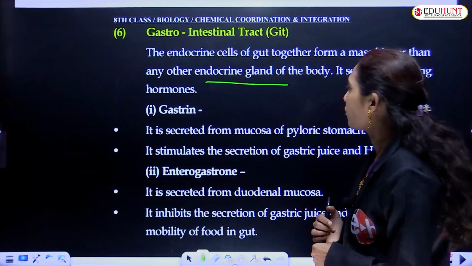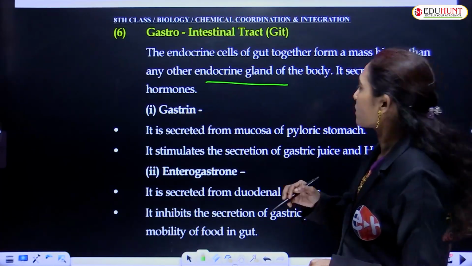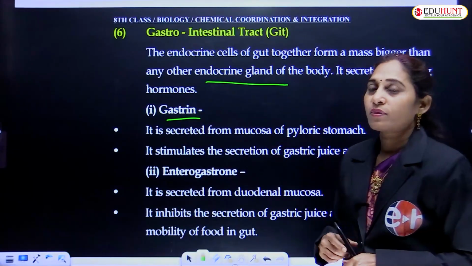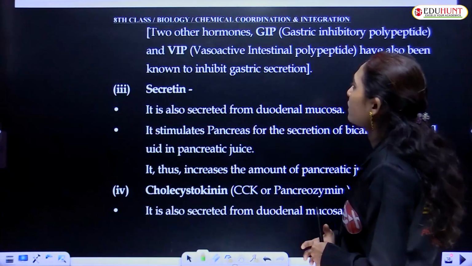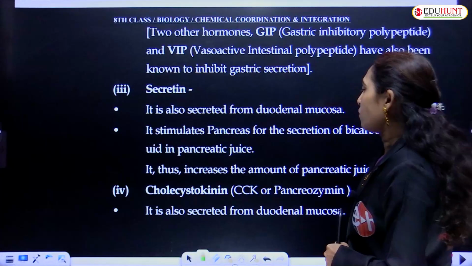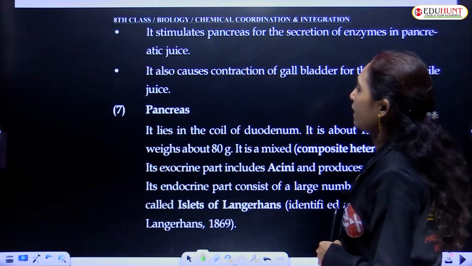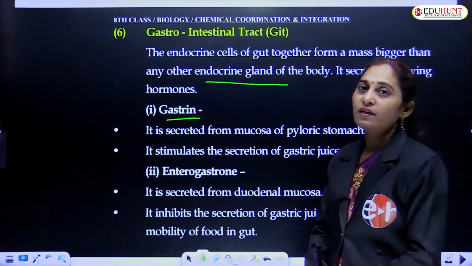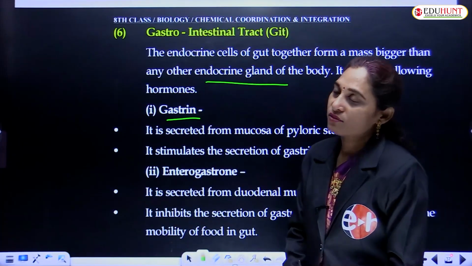It secretes gastrin, enterogastrone, secretin, and cholecystokinin. These are the hormones secreted by the gastrointestinal tract.